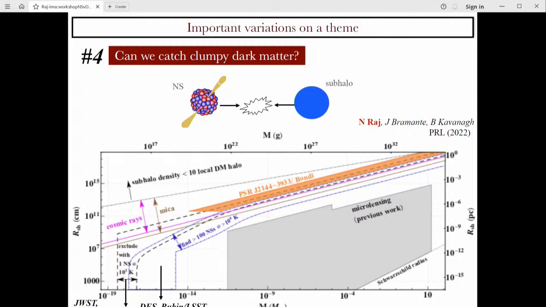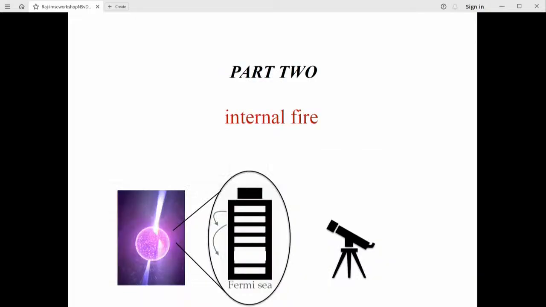So that's what we calculated in this paper, and we showed that there are vast regions of parameter space in subhalo radii versus subhalo masses, where you could use the Dark Energy Survey and Rubin or LSST to look for a requisite number of neutron stars burning at a requisite temperature. Okay, so there's a lot more going on in this plot, but for lack of time, I'm just going to skip it and go straight to.